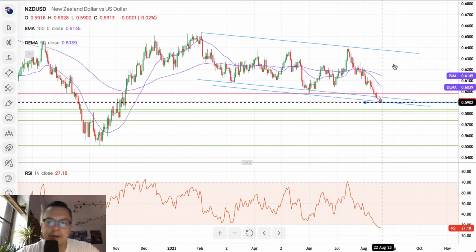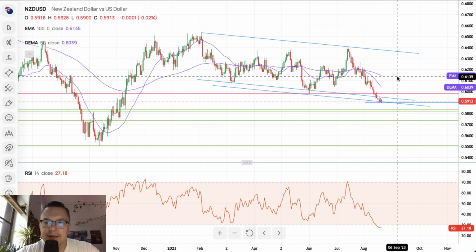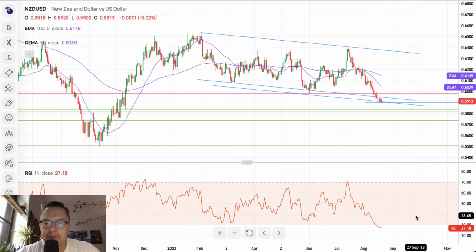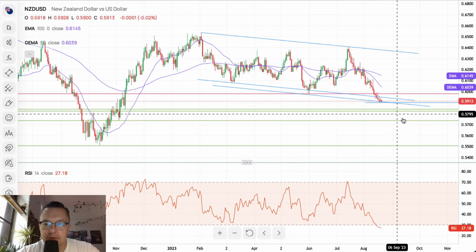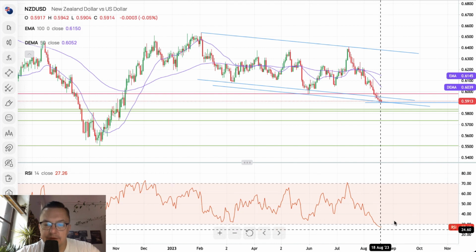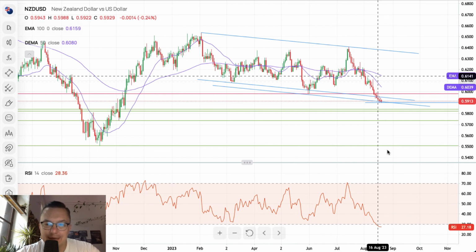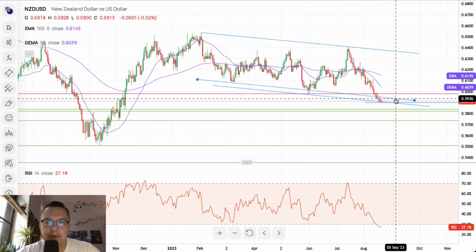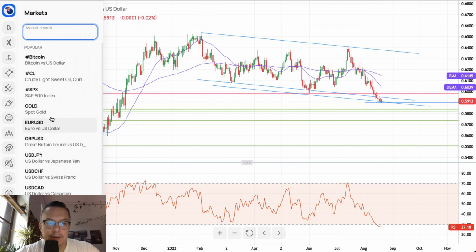So we see it on the second channel line as a support. Nevertheless, it looks like this market has a little bit more to go down in order to get the extreme oversold market conditions even more oversold, and then we can expect some kind of a bounce on this market, New Zealand dollar to the American dollar.